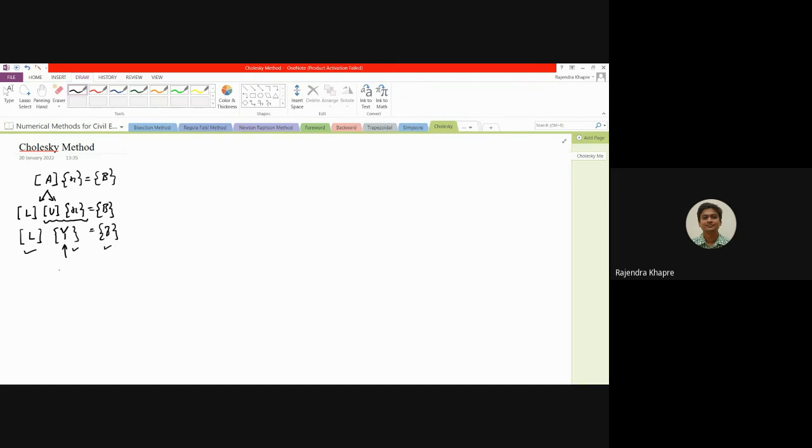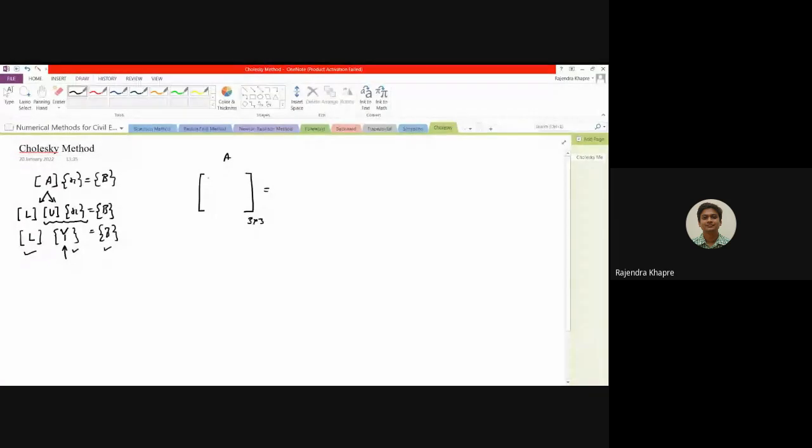The very first step of the Cholesky method is to break the given matrix into two parts, L and U. To demonstrate this, I am assuming a matrix of size, let us say, 3 by 3. This is nothing but your A matrix.